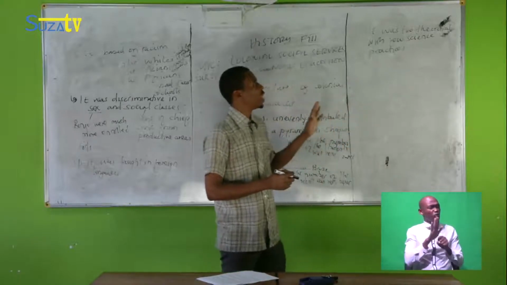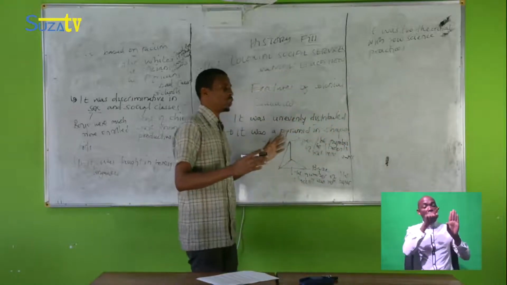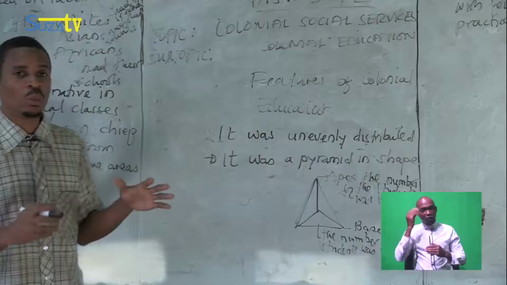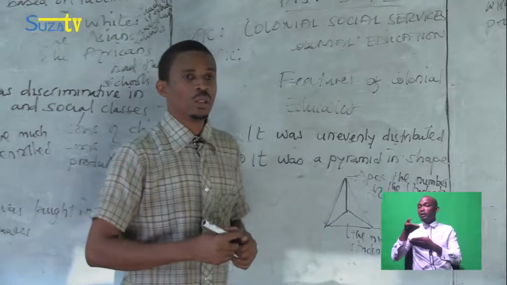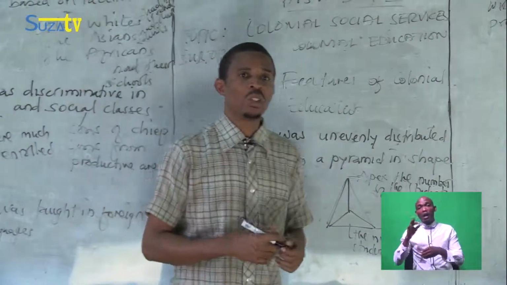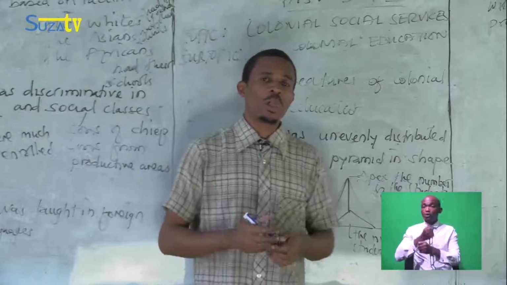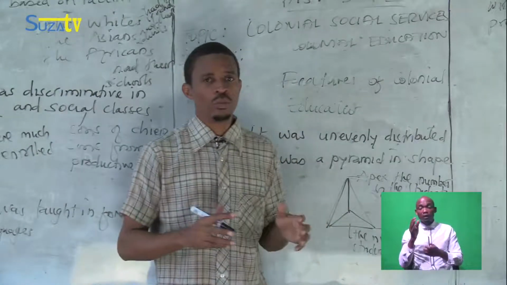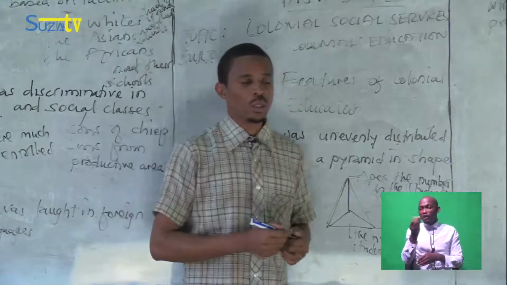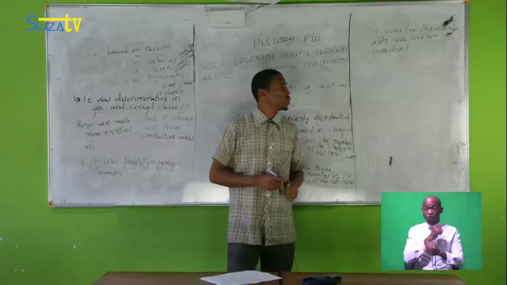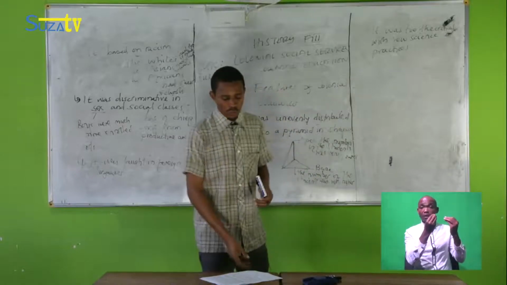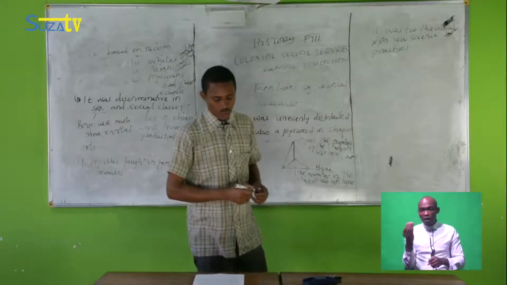Africans were taught very few production skills, how to produce various raw materials, how to deal with minerals, and some skills. Very few skills. So we say colonial education was too theoretical with few science practices.